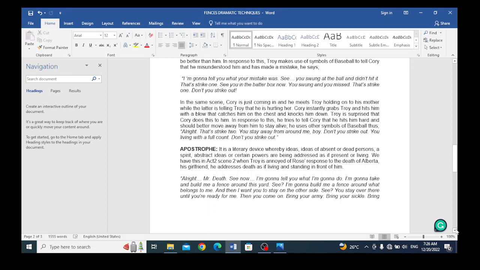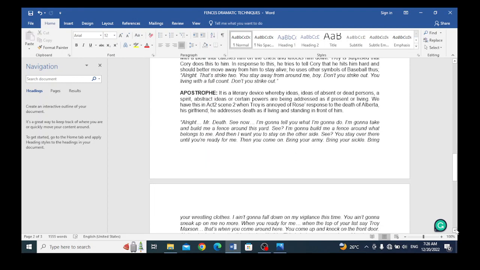In response to this, he tries to tell Corey that he hit him hard and should better move away from him to stay alive. He uses other symbols of baseball thus. Quote, alright, that's strike two. You stay away from around me. Boy, don't you strike out. You leave him with a full count. Don't you strike out. Unquote.